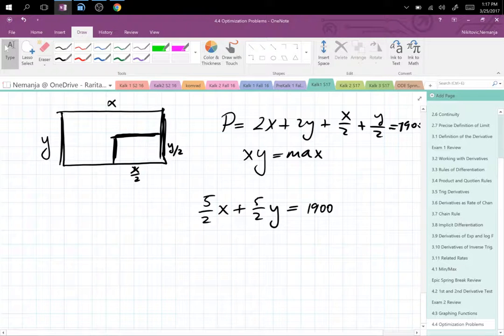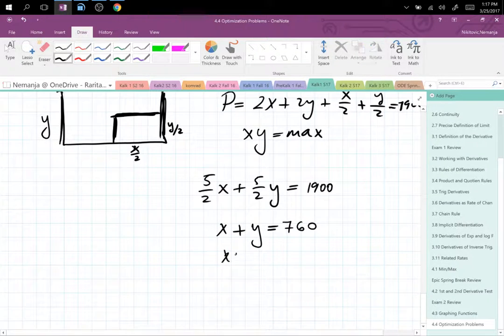Good answer. All right, so now we're going to divide 1900 by 5 and multiply by 2 to get x plus y, right? So that's 3800 divided by 5. That's going to be 760. Is that good?